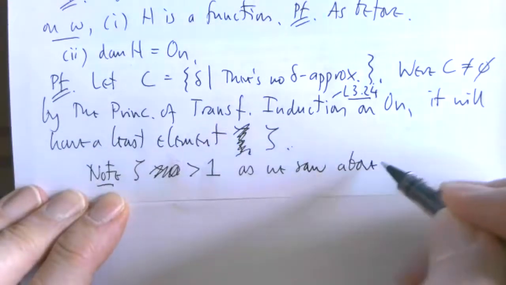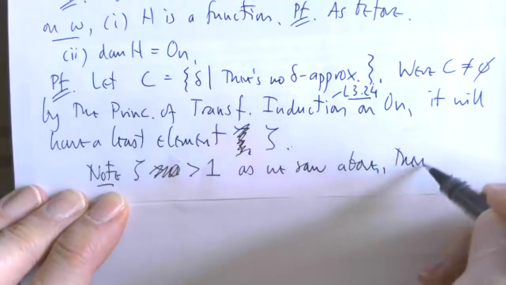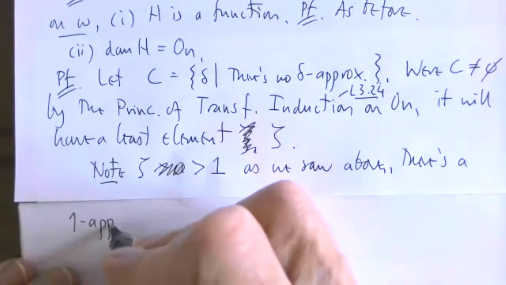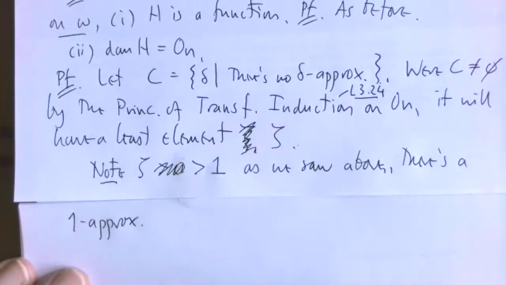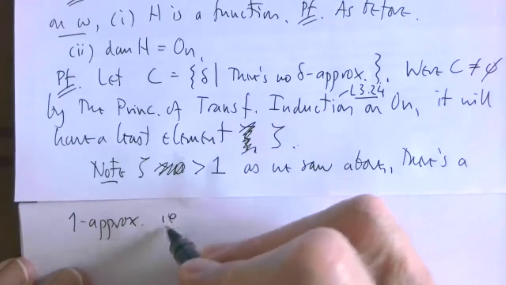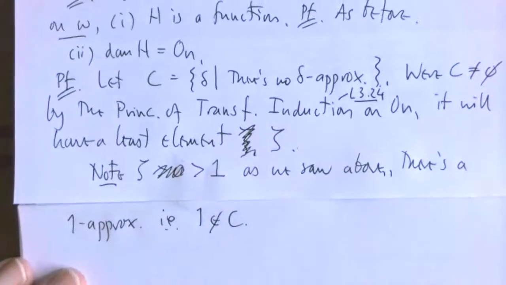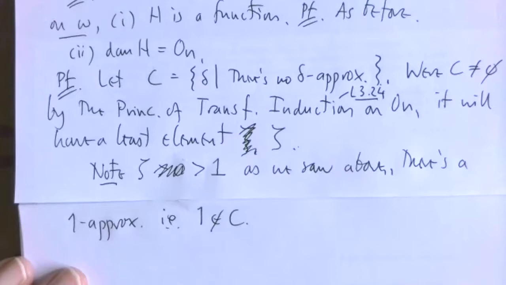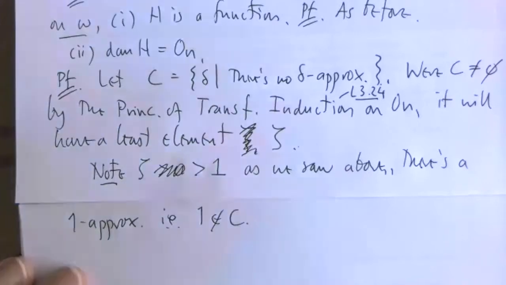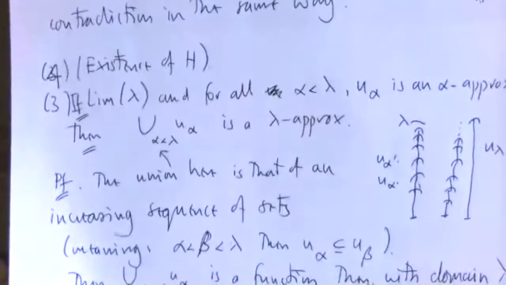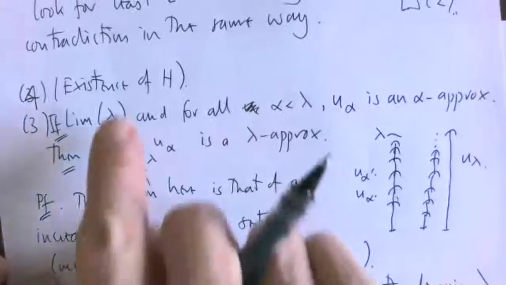So as we saw above, there's a 1 approximation. So 1 is not in C. But by the reasoning that we did here on 3, zeta can't be a limit ordinal.